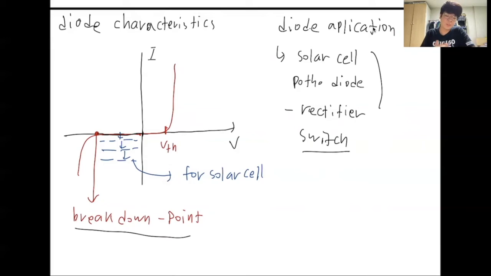And if we forward bias the PN junction, then after the threshold voltage, the current flows exponentially. Using these characteristics, we can use a diode in a solar cell, photodiode, and rectifier, because a diode cannot flow current at reverse bias.